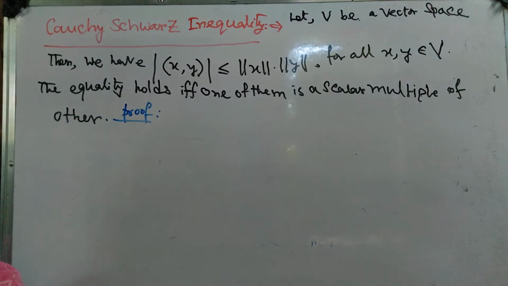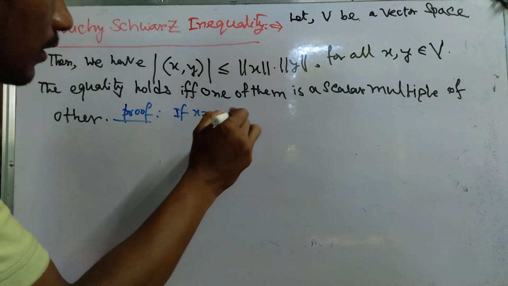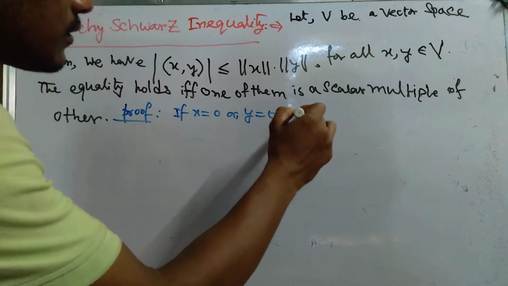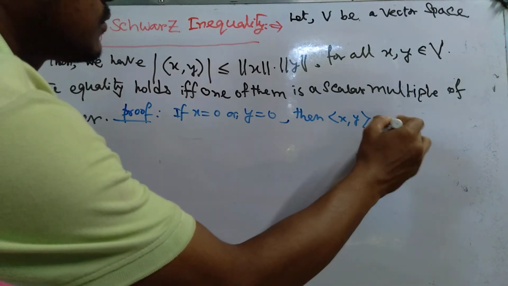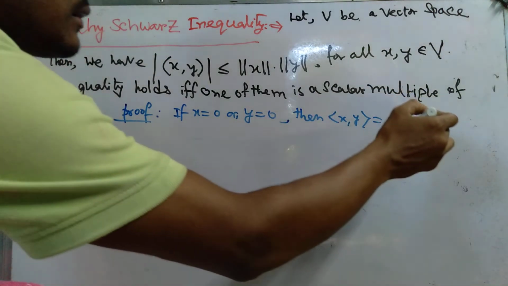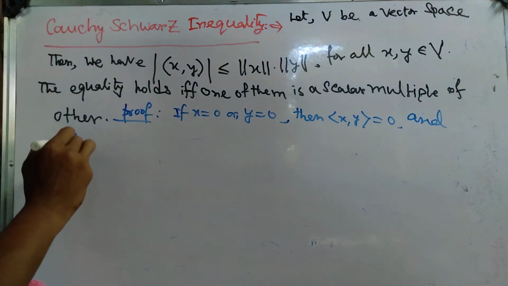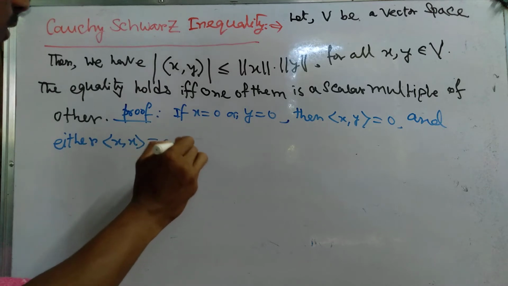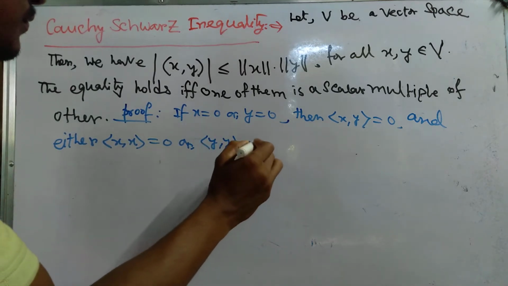Simply we start with: if x equals 0 or y equals 0, then the inner product of x and y equals 0. In this case, either the inner product of x and x equals 0 or the inner product of y and y equals 0.